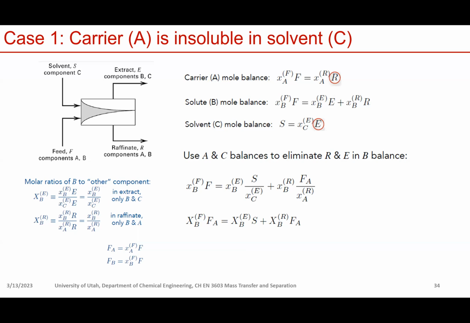Similar for the feed: if we rearrange this equation and divide by xA to the left, we have F equals FA divided by xAF. You plug this back in, and you will have xB divided by xA in the feed string, which satisfies the definition of the uppercase XB.